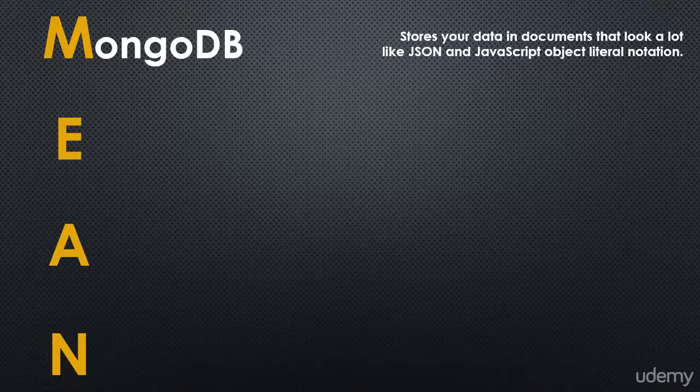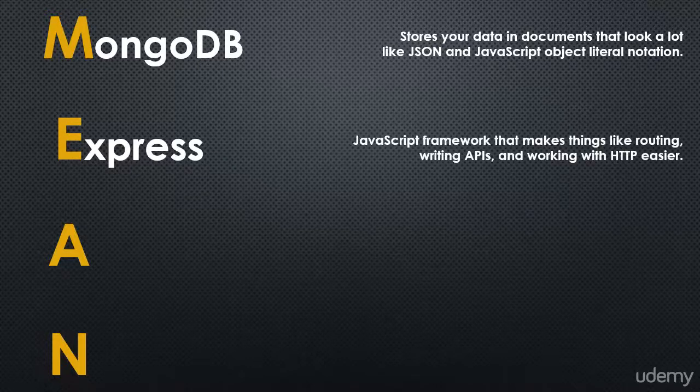So we're not storing data in tables, but in documents that include both the structure and the data, each document. And that structure looks an awful lot like JSON or JavaScript object literal notation. The E stands for Express. And as we've seen, Express is a JavaScript framework that makes things like routing, writing APIs, and working with HTTP a lot easier for building the server side of your code.